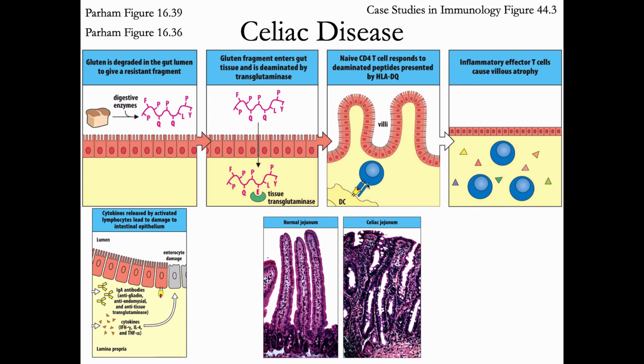Instead of having all this nice surface area for absorption in the GI tract, the jejunum wall, the small intestine wall, looks something more like this. It's hard to say, is this allergy? Because I'm not bread. That's questionable.